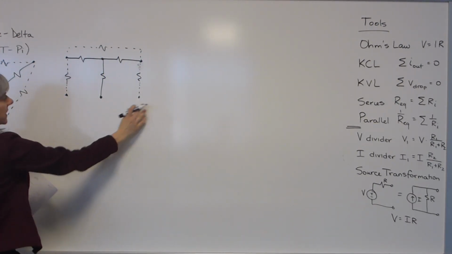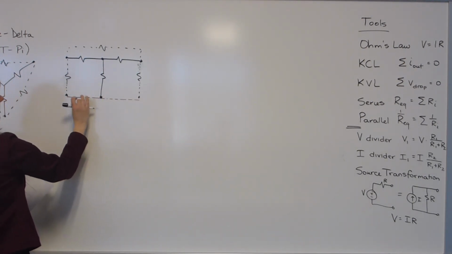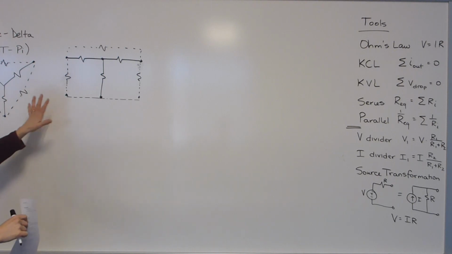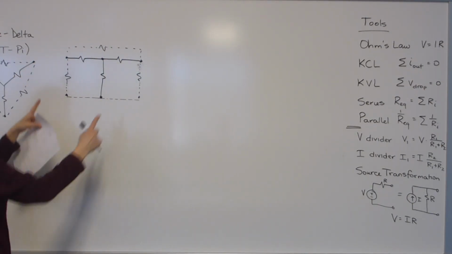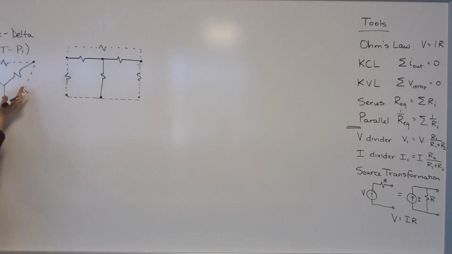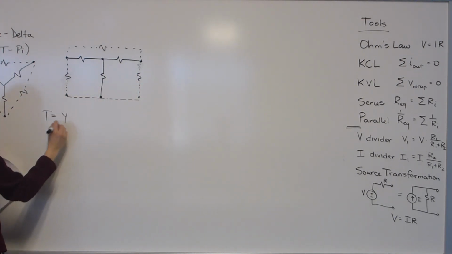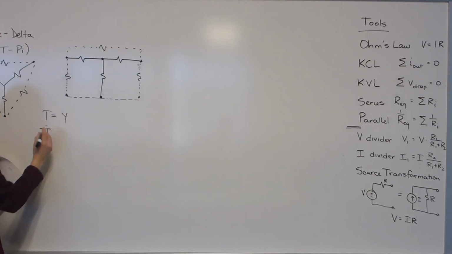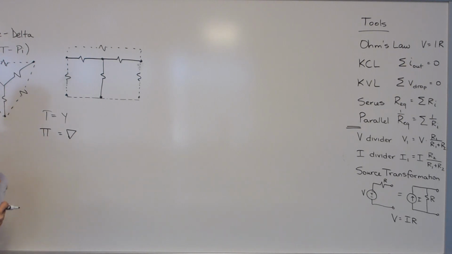Where these are all hooked together. So again, if you look at it, that's the same, right? We've got the resistor going across the top, and then these ones, I'm just taking this and spreading it out. So T is equal to Y, and pi, which looks like a capital pi, is equal to an upside down delta.